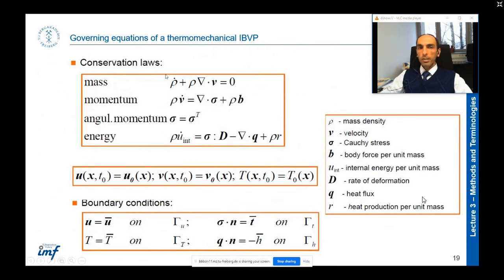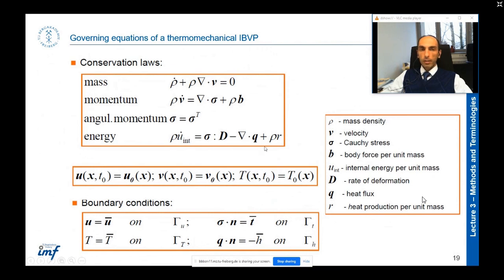This is the differential form of the equation. You can see that this is the rate of density, and then the gradient of the velocity, and it should be equal to 0. And also for momentum, this is the equation we have, and same for the thermal part.